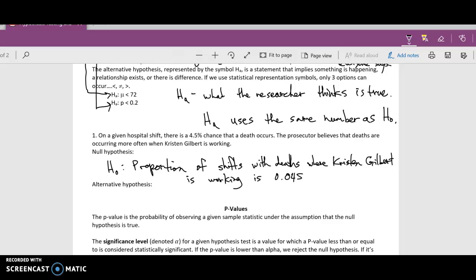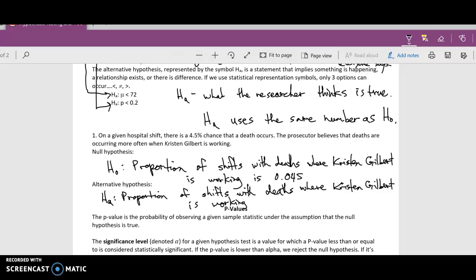The alternative, so this is the null. The alternative is going to be what we think is true. So this is going to be the proportion of shifts, the wording will be almost identical, with deaths where Kristen Gilbert is working is greater than 0.045.